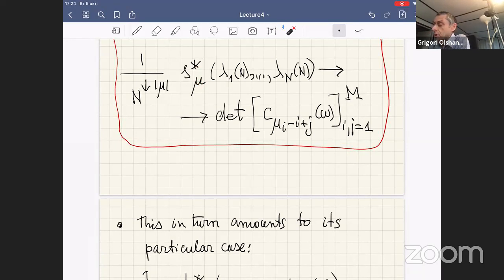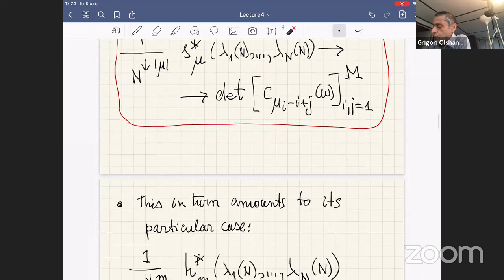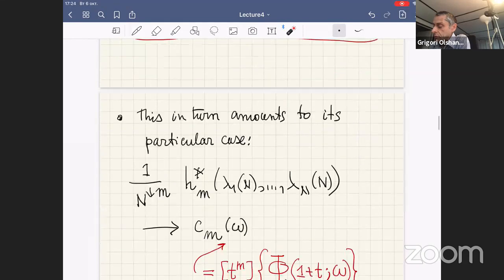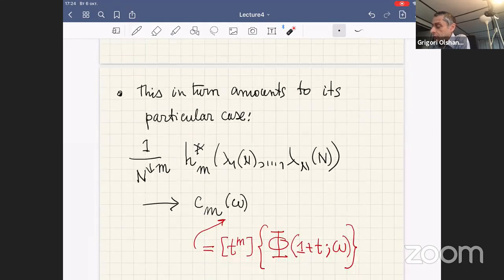And so up to some lower degree terms, this object is essentially the Schur functions. And for the Schur functions, we have the Jacobi-Trudi formula. And the Jacobi-Trudi formula is just of this type. And using this observation, we can reduce it to the particular case when capital M is equal to 1.